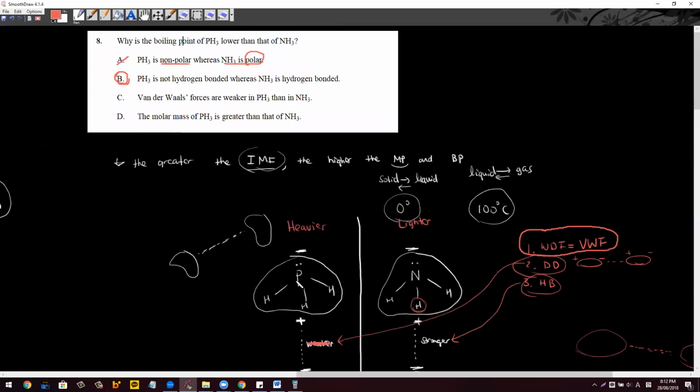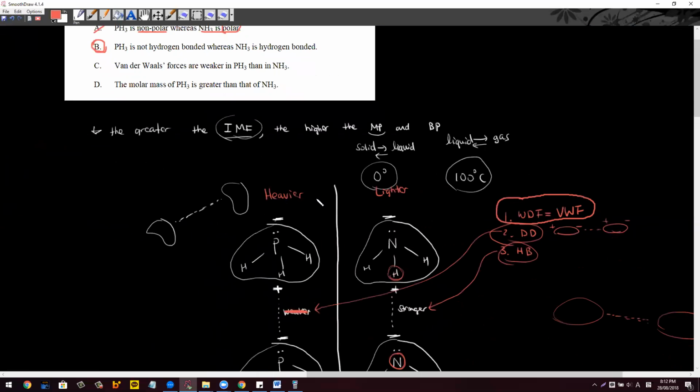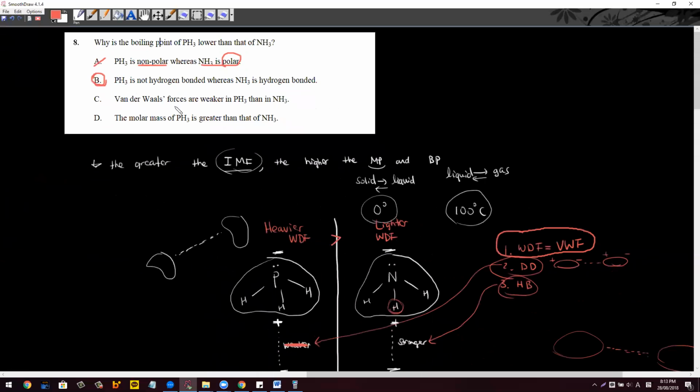Because it's heavier, when you compare the weak dispersion force or the van der Waals force, this one is greater than the weak dispersion force of this guy. So it says that van der Waals forces are weaker in PH3. Is that right? It's weaker in here, so this is wrong.